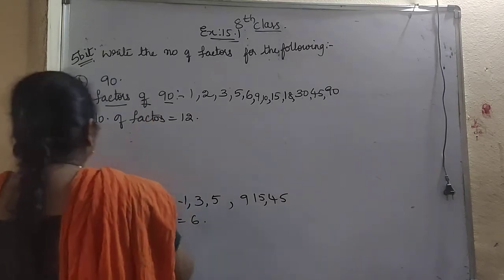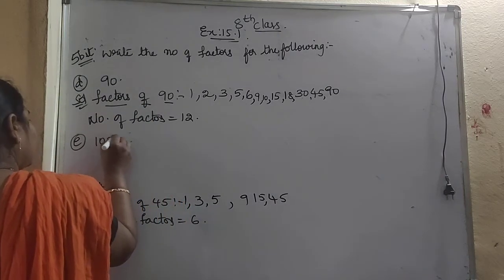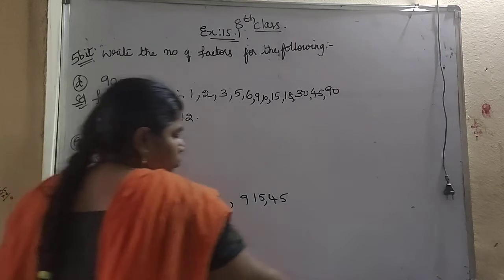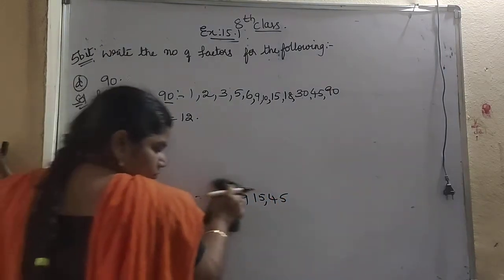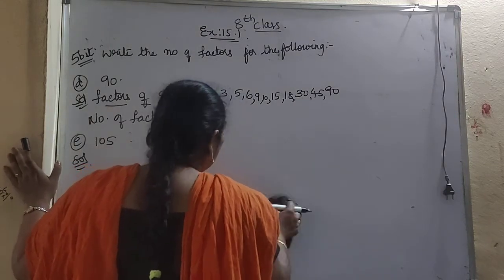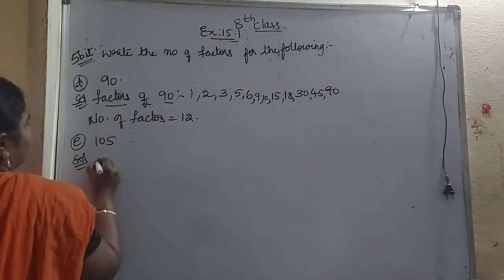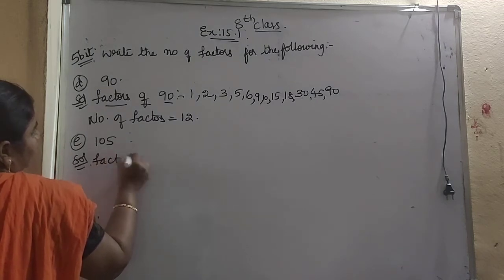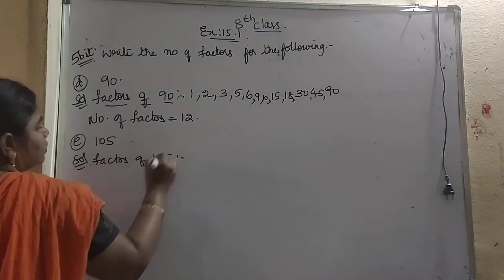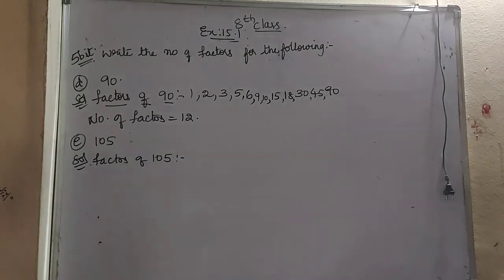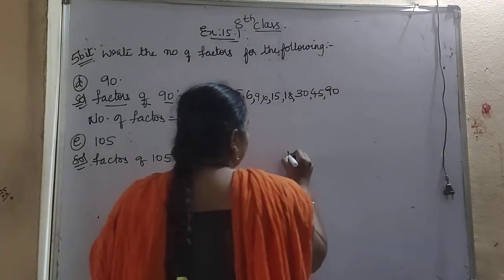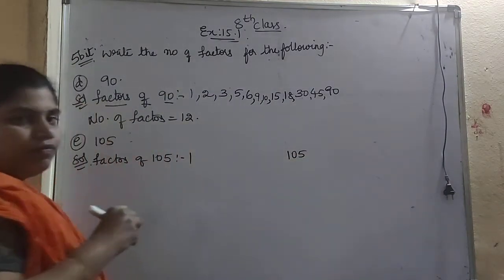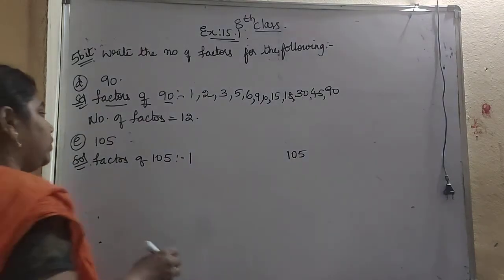Next is E bit, 105. So how many factors are there for this 105? We have to check. Factors of 105 is equal to, so what are the factors of 105? First, in every number 1 will be a common factor. So 1, 105 is 105. It will not go in 2 table, it will go in 3 table.